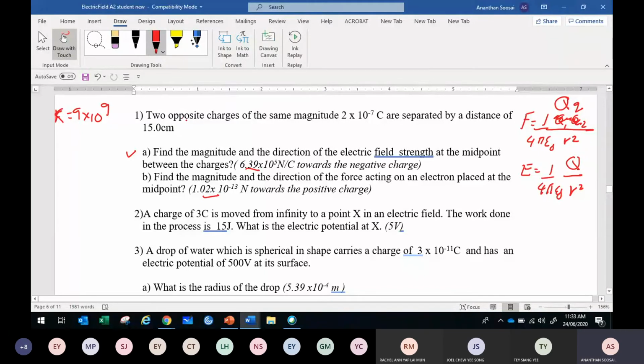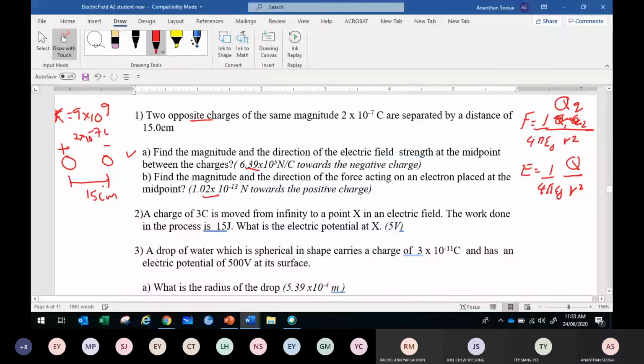So 2 point charges, same magnitude, are separated by a distance. One is positive, the other is negative, separated by a distance of 15 centimeters, and both are 2 times 10 power of negative 7 coulomb.